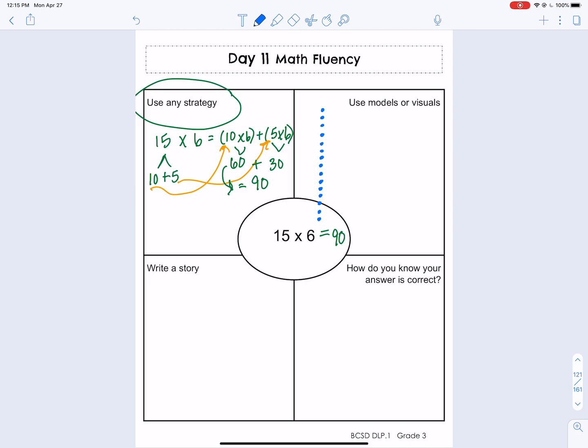So I've set up my array to have 15 rows. Now I've got to do that 6 times in order to make my array.